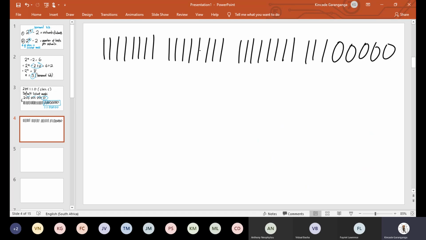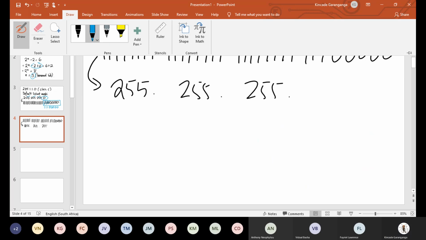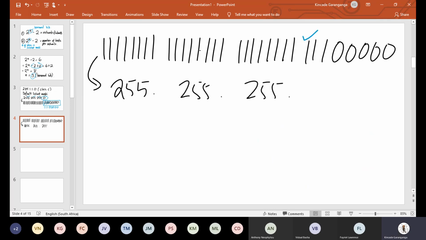All right. And if you were then to convert this into decimal, this becomes 255.255.255. Remember, now we want to convert the last octet into decimal, so that becomes 128 plus 64 plus 32.